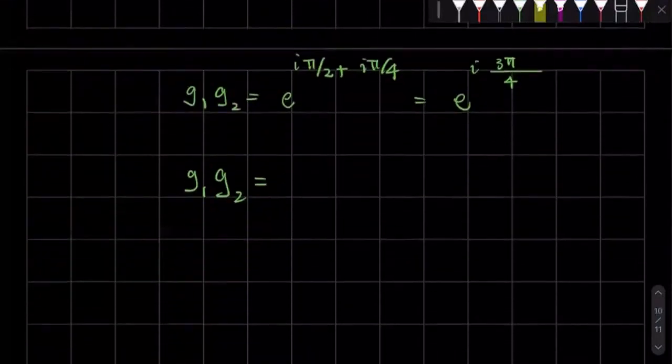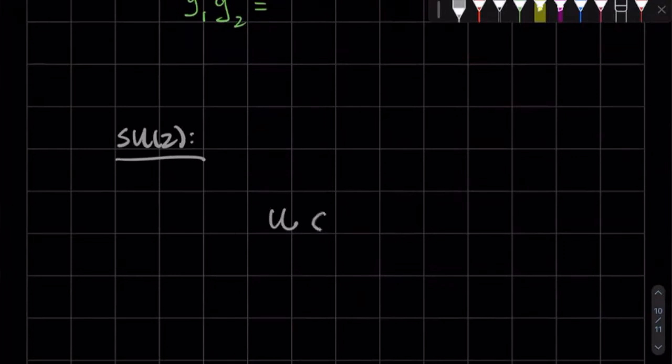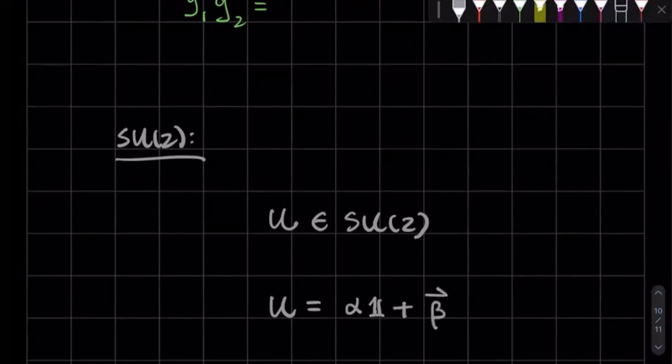So a similar thing you can show for SU2. I think it's probably clear to Rahul that if I take the parameter space of a matrix in SU2, if I write U as alpha times 1 plus beta dot tau, it's a set of 4 numbers.